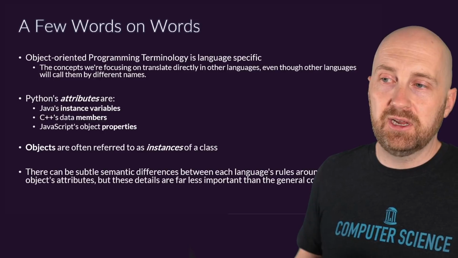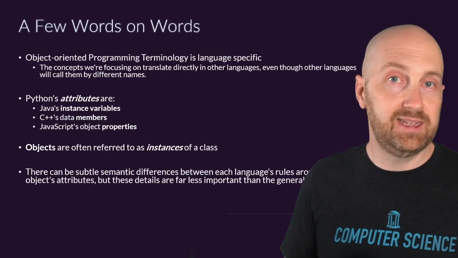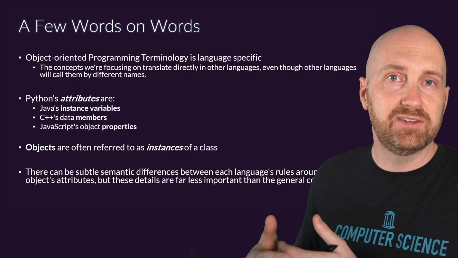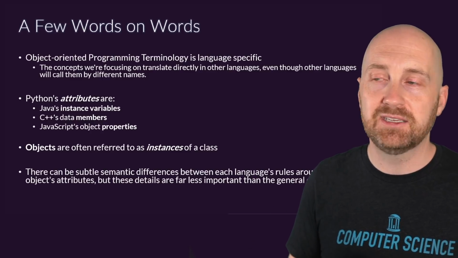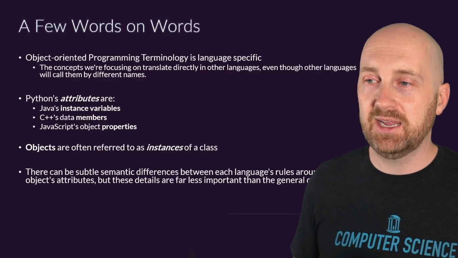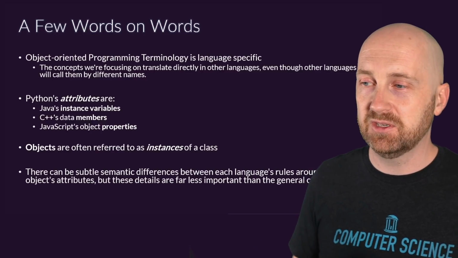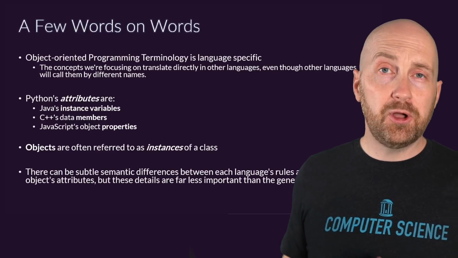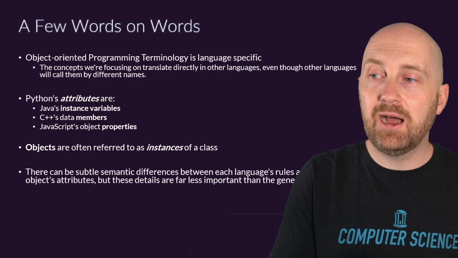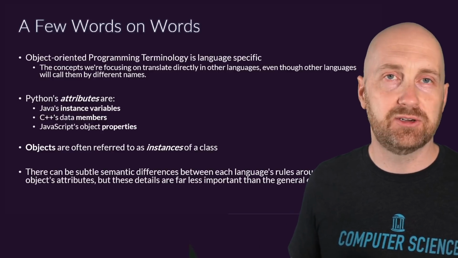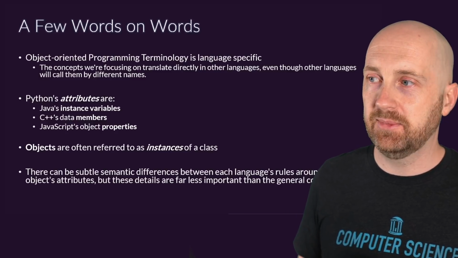But the model that we're giving you for how to think about the attributes of a class and what that implies about each of the objects that is constructed from that class are how you should generally think about these concepts and apply in each of these languages. Just know that each does have its own specific rules. You'll also see the concept of an object referred to as the concept of an instance in other languages, but these are also just two words for the same thing.